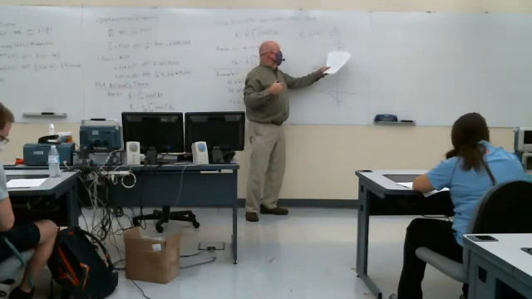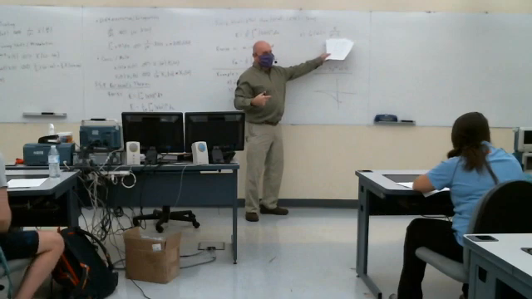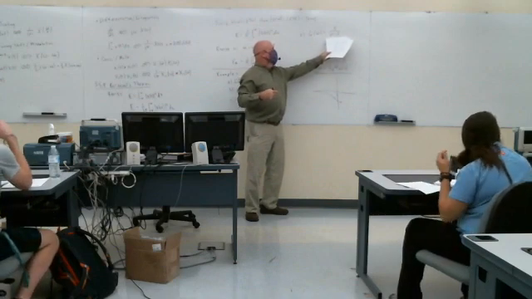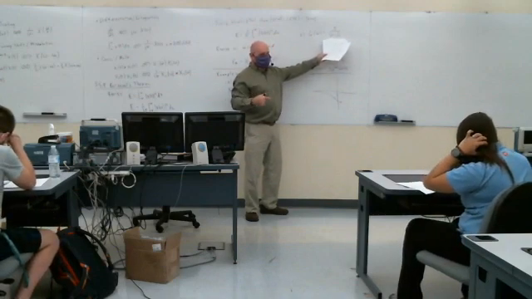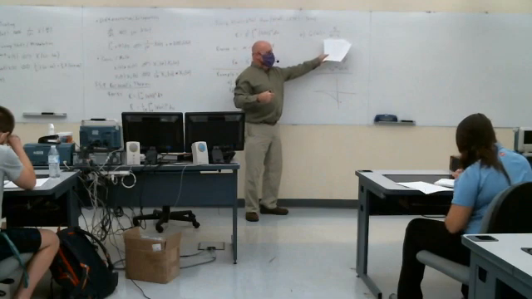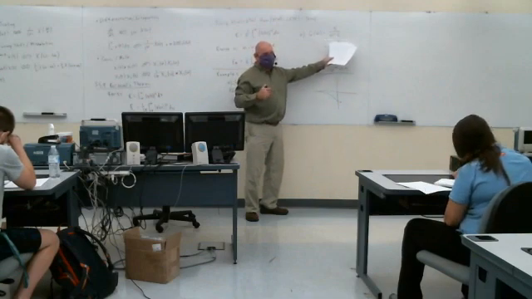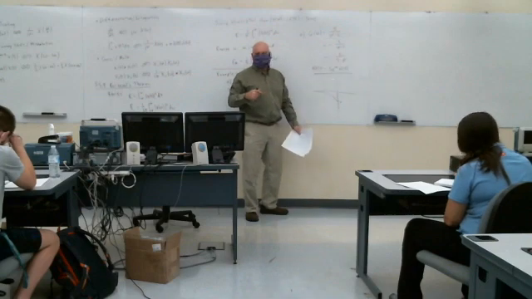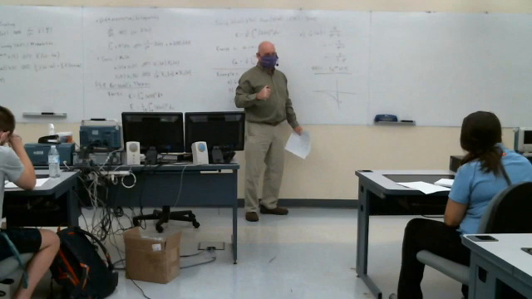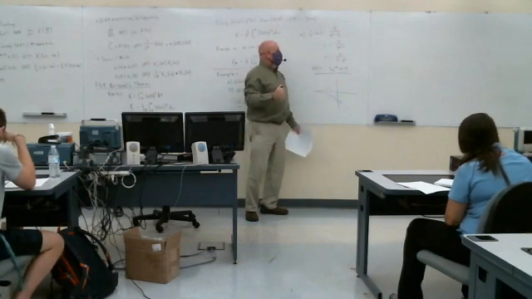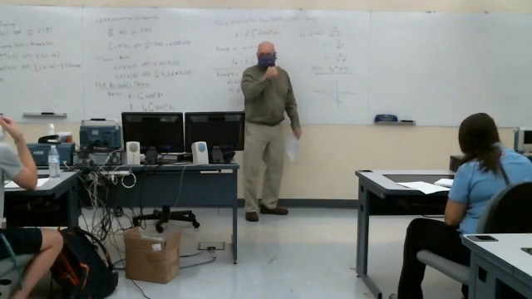Now, if this were a Laplace transform, though, and it were 5 over s minus 2, where would the pole be? The denominator were s minus 2. What value of s would make that 0?